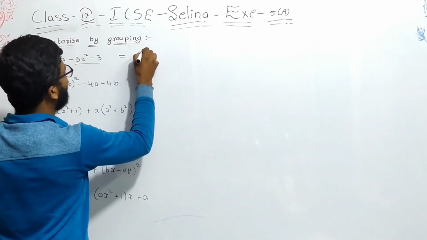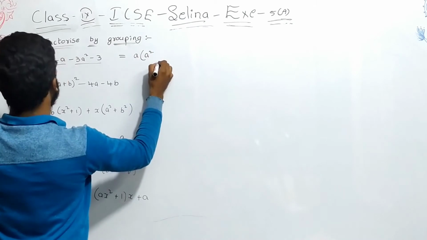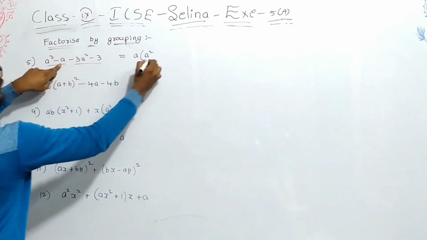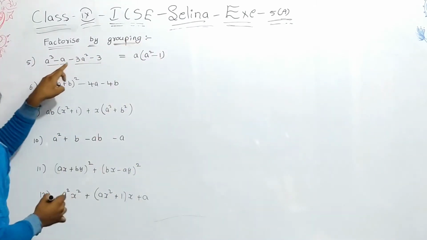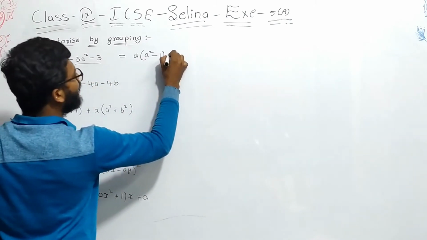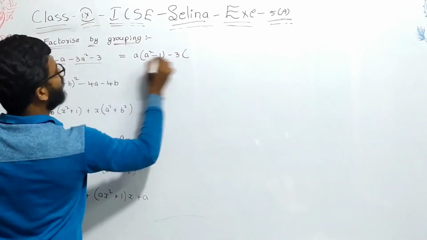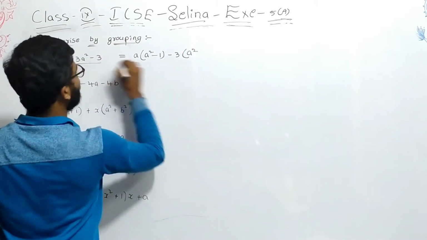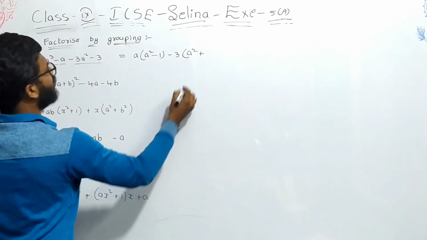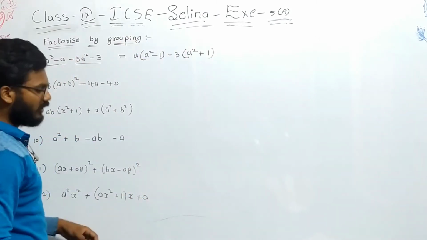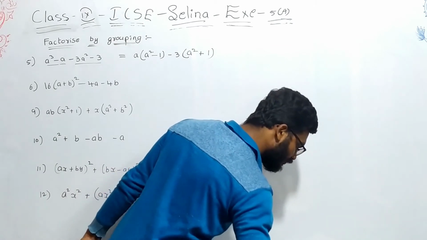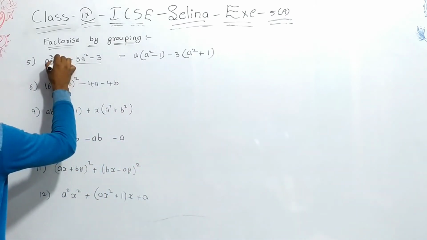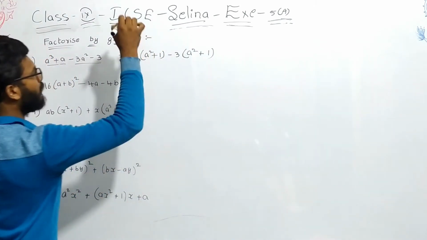So, if I take a, a square will be remaining in the first term, and in the second term, 1 will be remaining. And in the second two, if I take minus 3 common, a square here, it will become plus 1. Right? So, let me check the question once. Here we have plus. So, a square plus a, so it is a square plus 1.